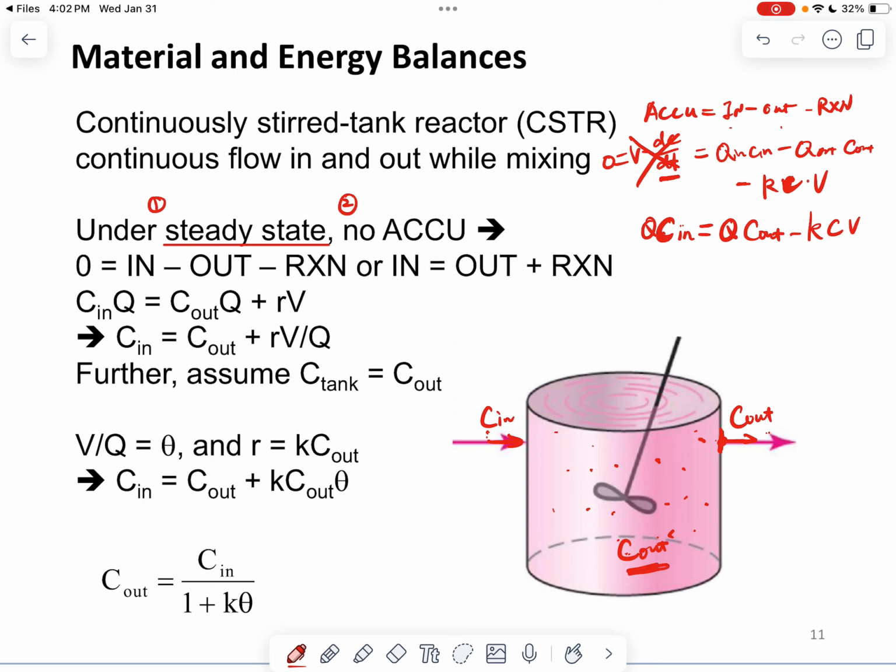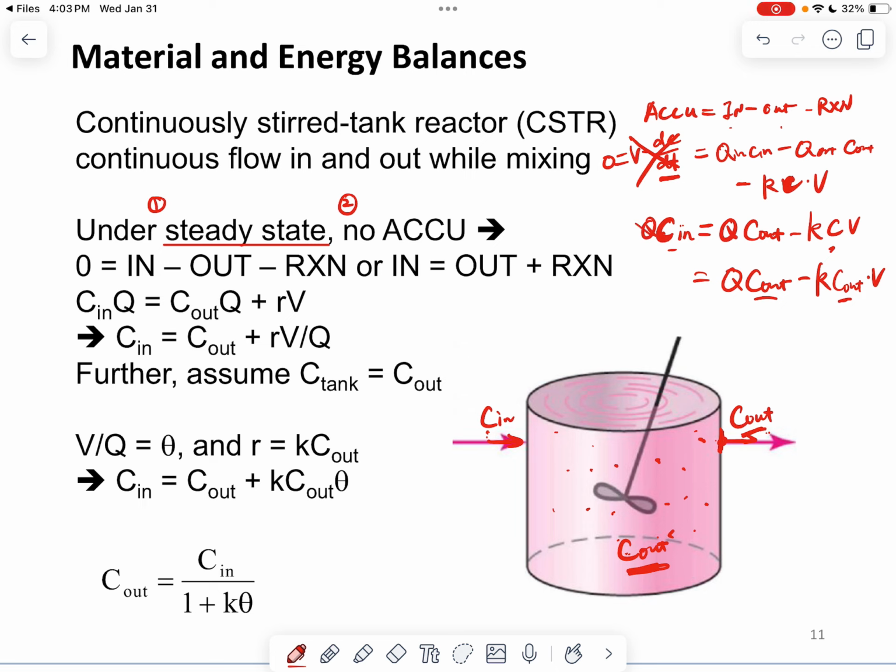So that's why the concentration inside the tank will be equal to the concentration at the outlet of the tank. So if you further have that, then you can replace this C by K C out multiplied by V. Okay, so now you have the relationship of C out and C in.